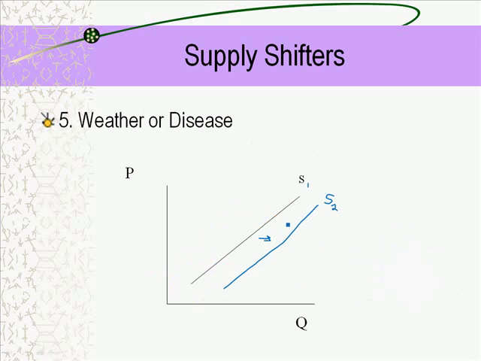If we have a drought, supply will decrease. This one's pretty straightforward. Disease is the same concept. If there's an increase in disease, we're going to see a decrease in supply. If there's a decrease in diseases, we'll probably see an increase in supply.